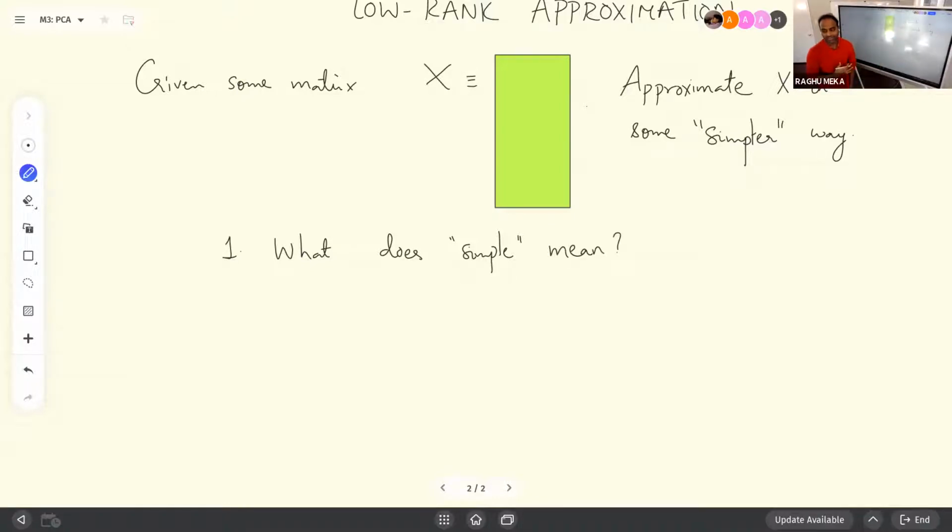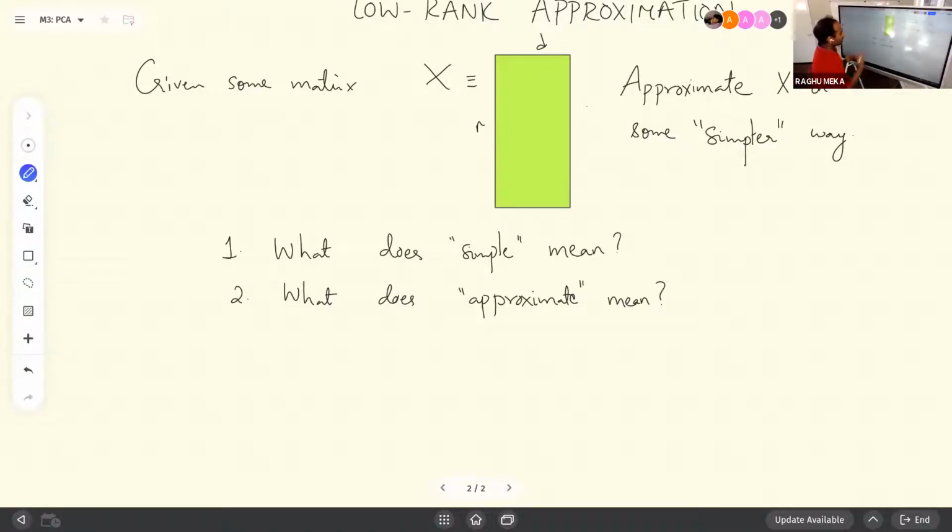Right, I'd like to know what does simple mean, really. And the second question is, what does approximate mean? Okay, so we are approximating a matrix which is an n by d matrix, which has n rows and d columns.